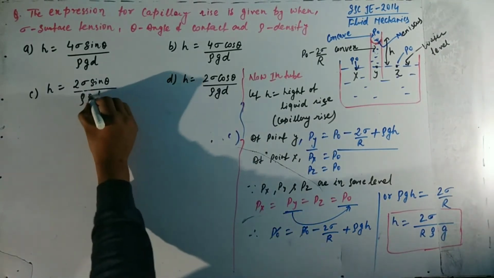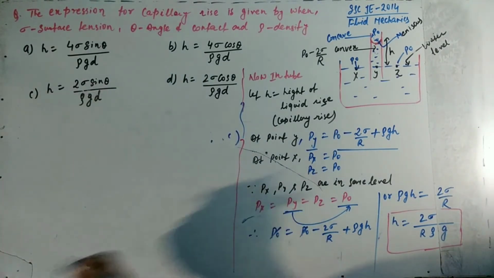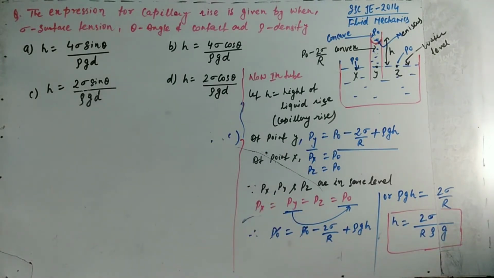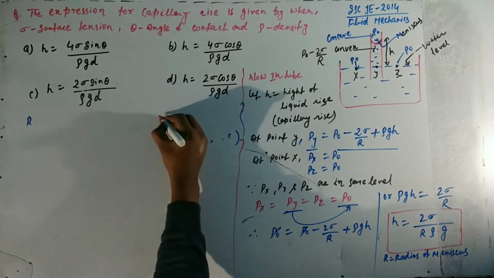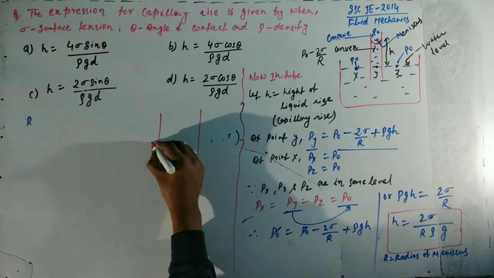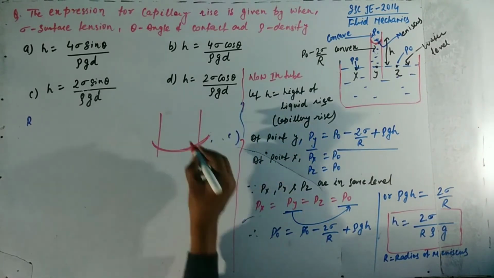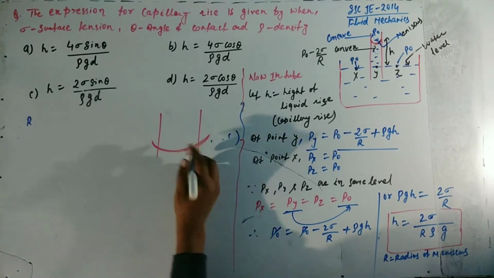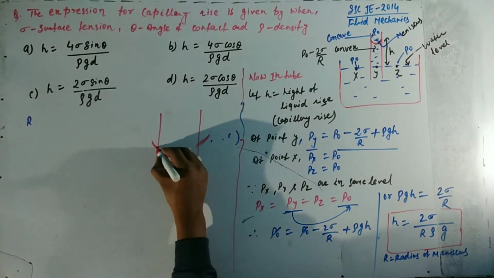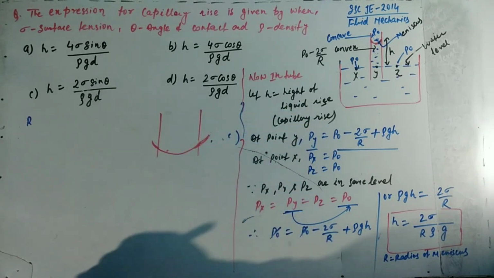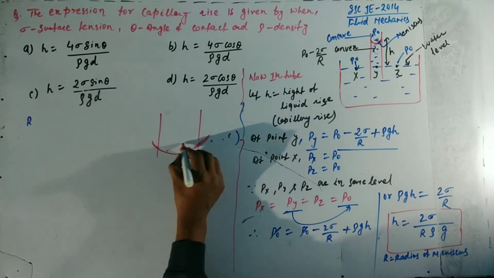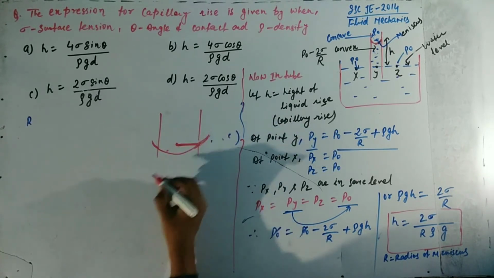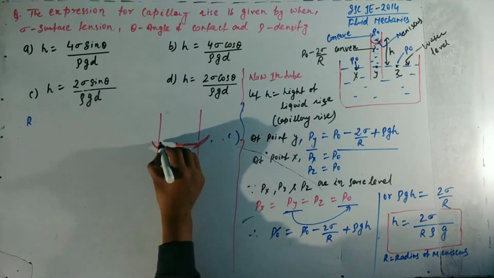Now we have to find the capillary rise in terms of the radius of the tube. Here capital R equals the radius of the meniscus. To find the radius of the tube, we draw a meniscus again. This is the meniscus of the tube and this is the radius of the tube.